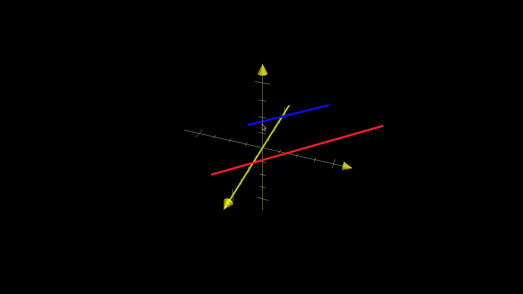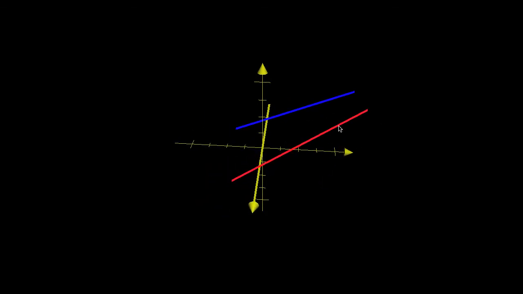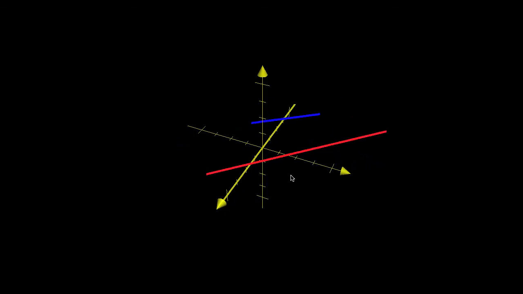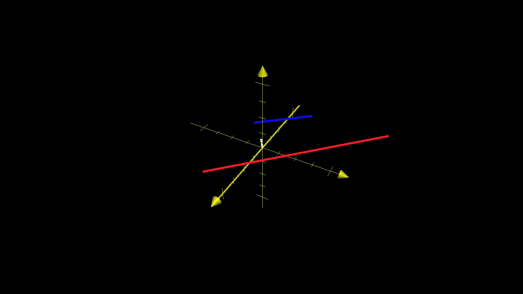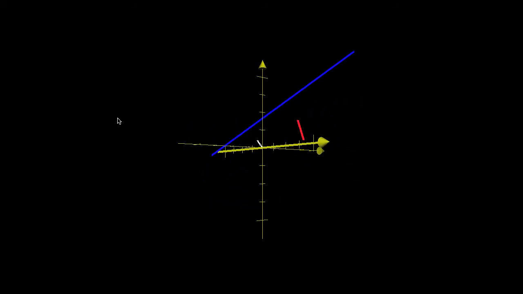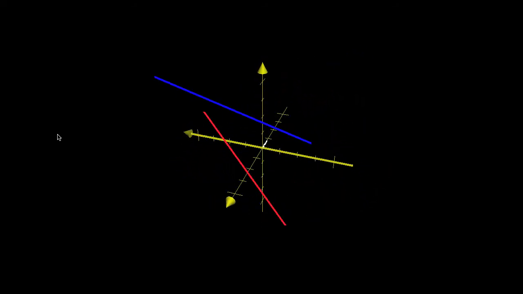So I take the cross product of a vector parallel to the blue line and a vector parallel to the red line, turn it into a unit vector if it's not already, and if I do that, I'll get this vector noted in white right here.